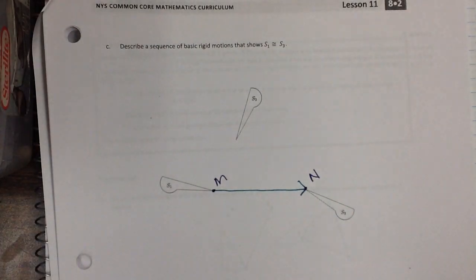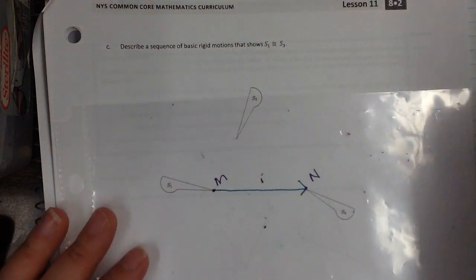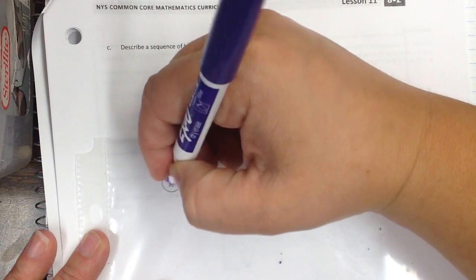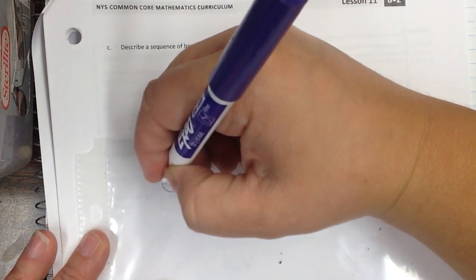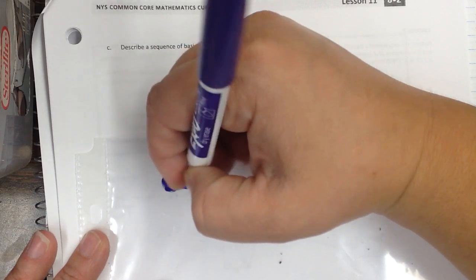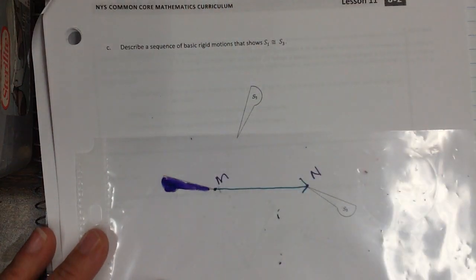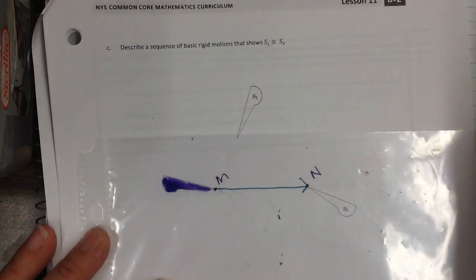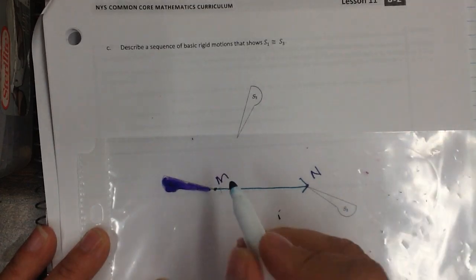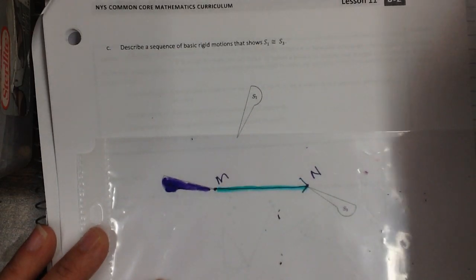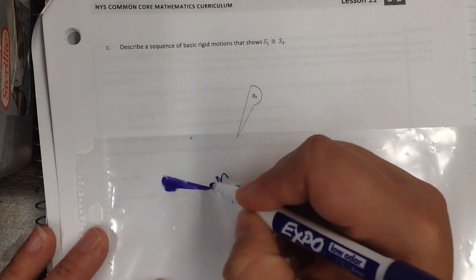Okay? So if you need your transparency to walk through this, use it with me. If not, you can probably go ahead and write it out if you can do it without the transparency. Sorry, I keep saying transparency. I mean sheet protector. Okay, so if we take this and move it along vector MN right here. It's so hard with this fat marker to get the whole shape.